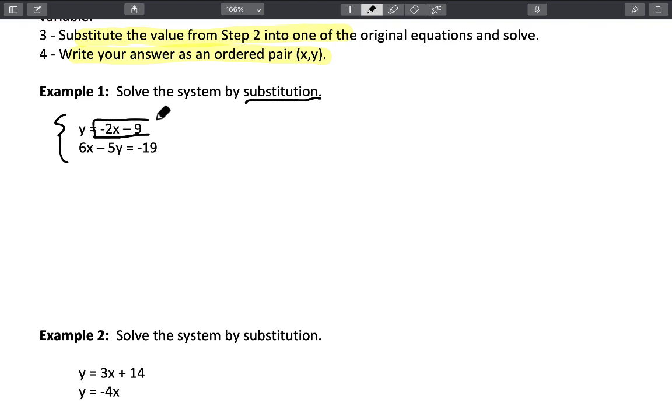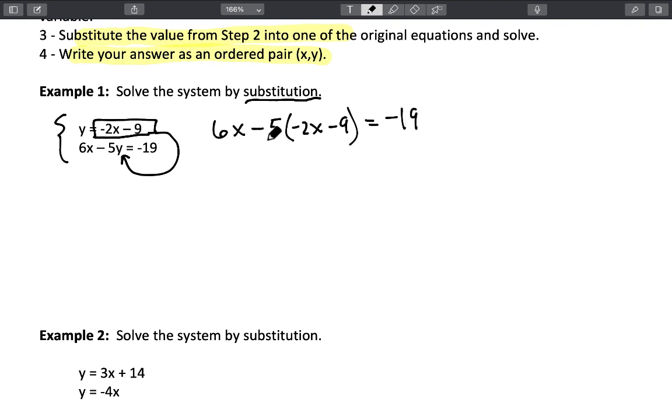That means I can take this expression and substitute it into the second equation wherever I see a y. So I'm going to rewrite that second equation as 6x minus 5 times (negative 2x minus 9), because that's what y was equal to, is equal to negative 19.